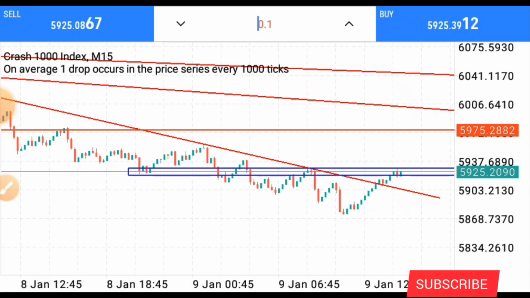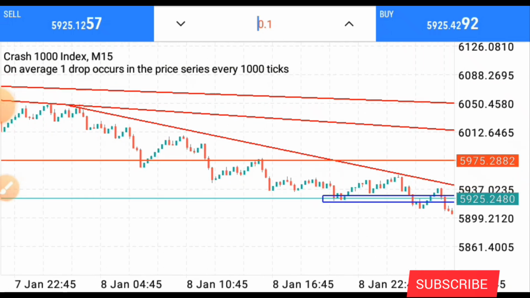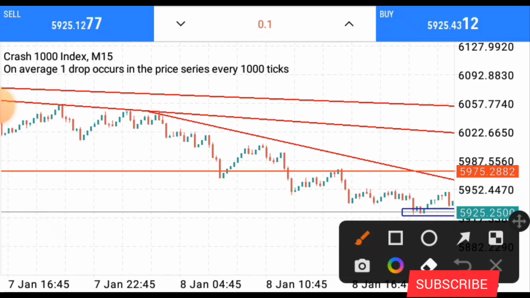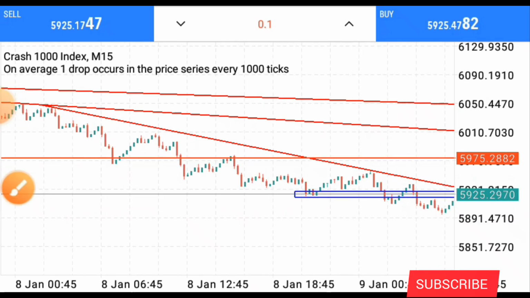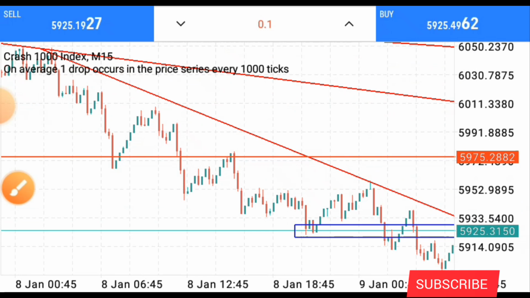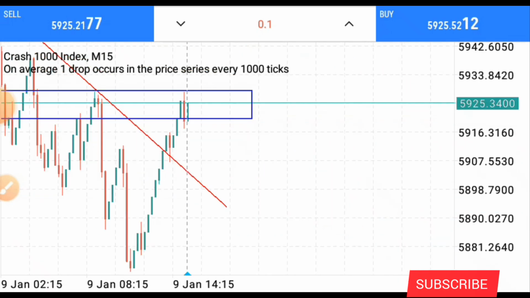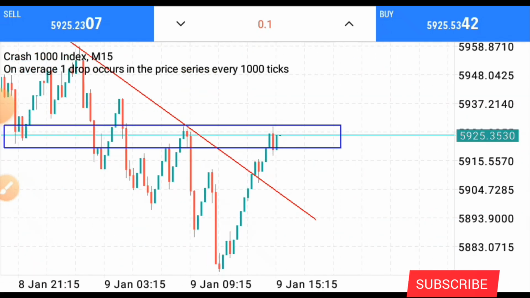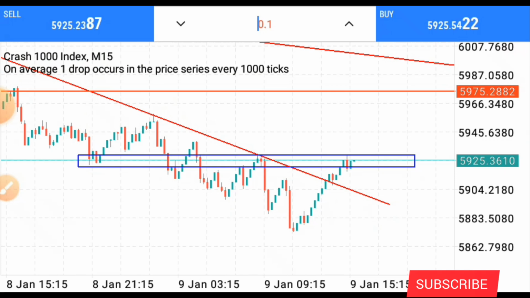This is the area we are supposed to watch out for right now. You can see the way price is reacting to this area: break below it, retest, and then went down to this support and resistance zone below there. That is also another area we are supposed to look out for if you are to take any entry.